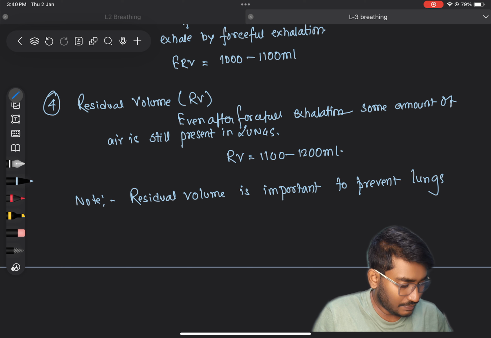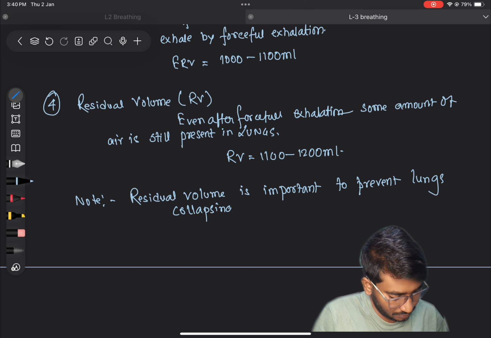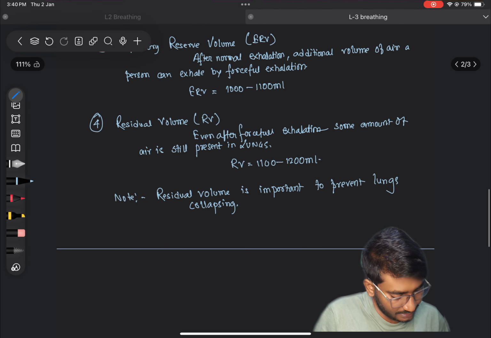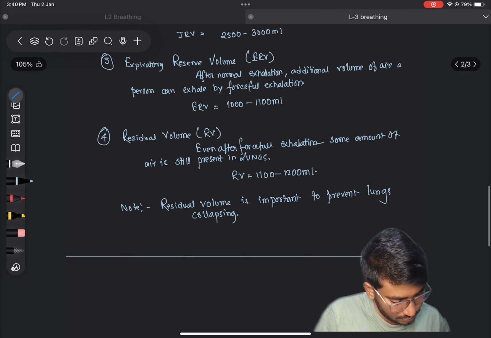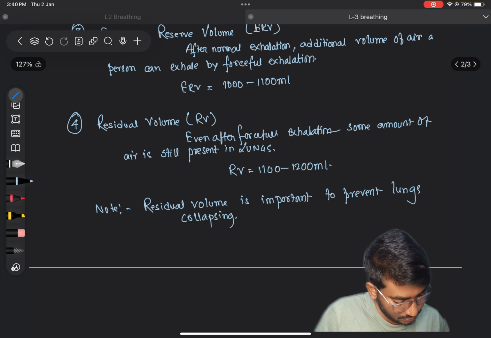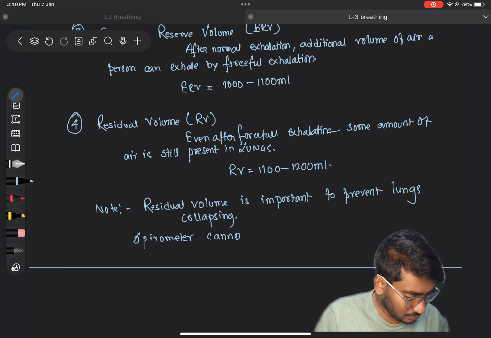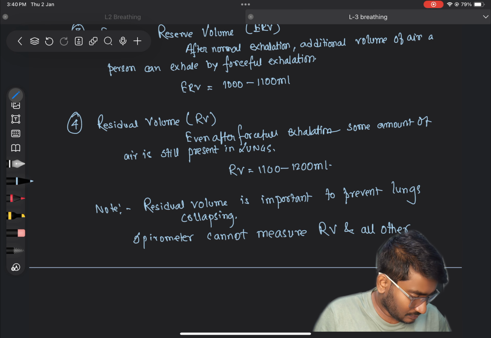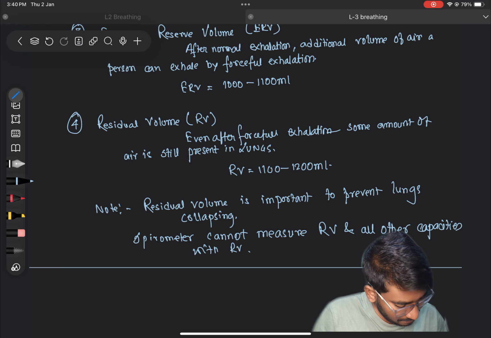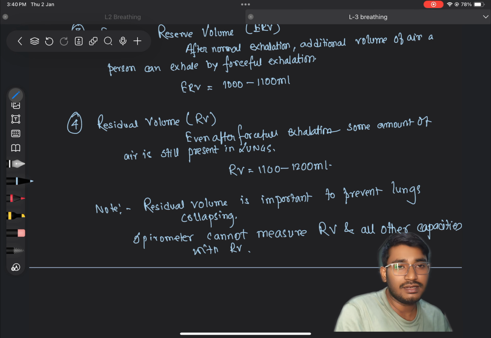Next, a spirometer cannot measure residual volume and all other capacities with RV.